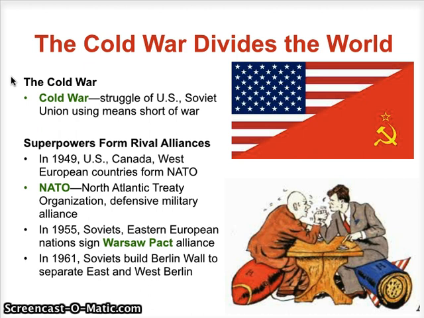So we have two superpowers, and they end up forming alliances. In 1949, we have the US, Canada, and Western European countries form NATO. Now, NATO is the North Atlantic Treaty Organization, a defensive military alliance.